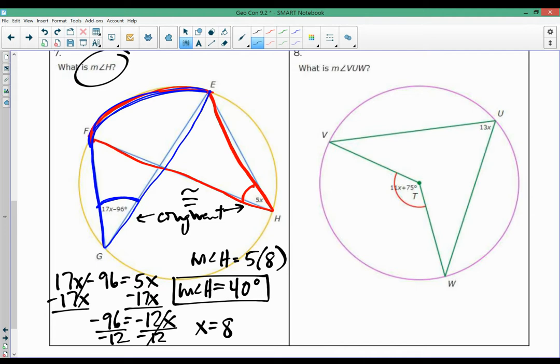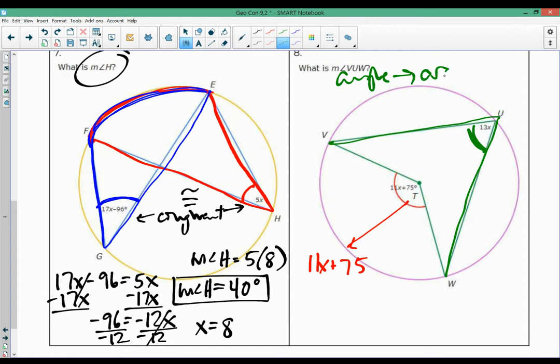And then the last one on this problem set, what is the measure of angle VUW? So we want this inscribed angle. We already have that central angle, 11x plus 75. And I know if I go from angle to arc, I have to multiply by 2.